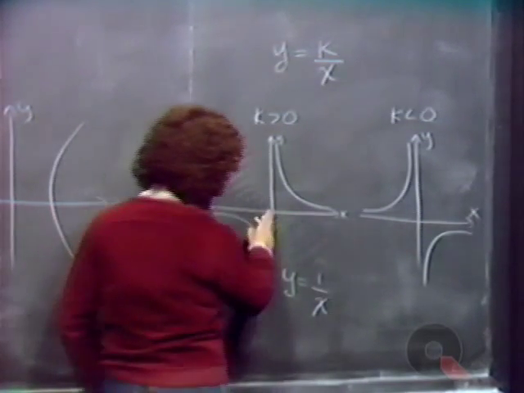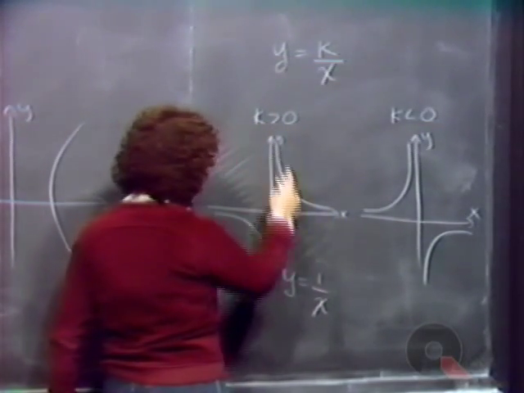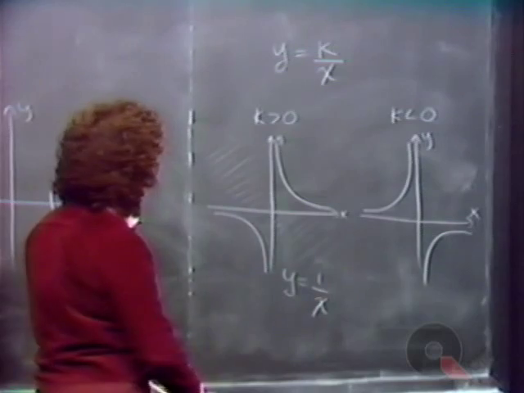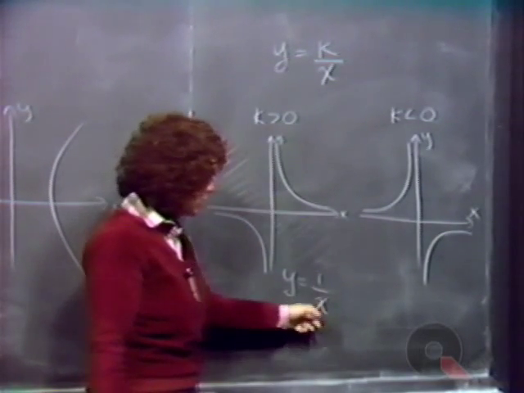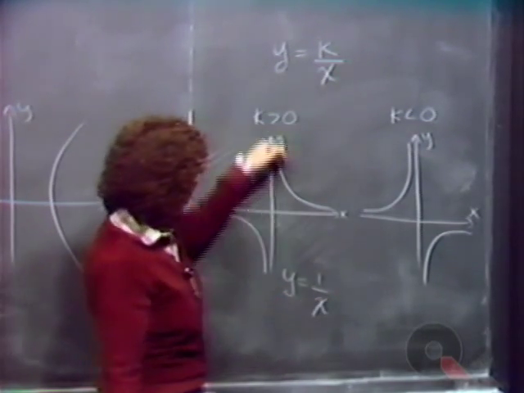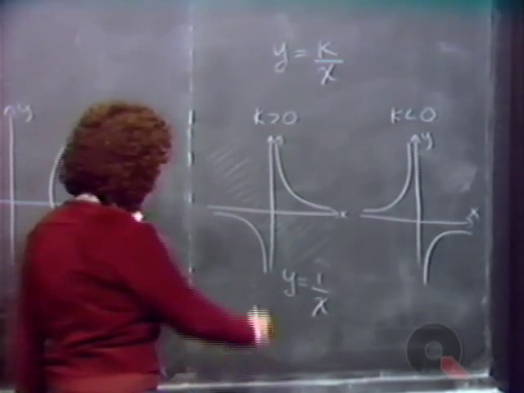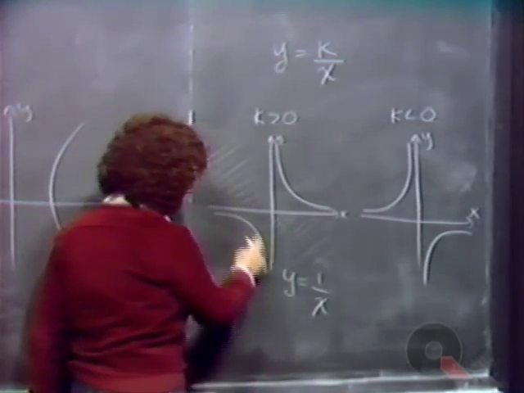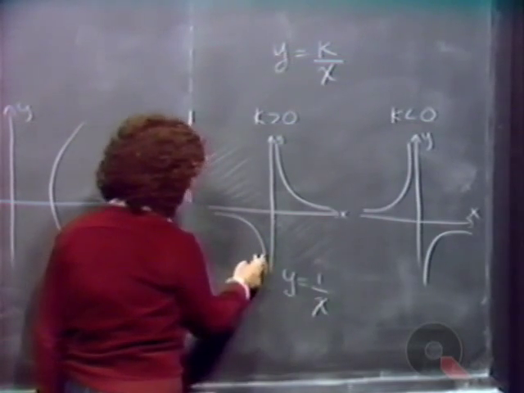As x gets close to 0, through numbers that are bigger than 0, you can substitute and you can make a table of values. For example, if x is 1/10, y is 10. If x is 1/100th, y would be 100. The y values are getting larger. Similarly, as x gets close to 0 through the negative values, for example, minus 1/10, y would be minus 10.